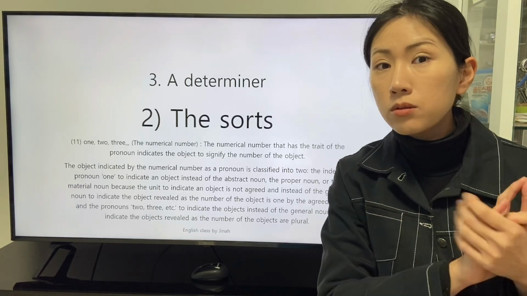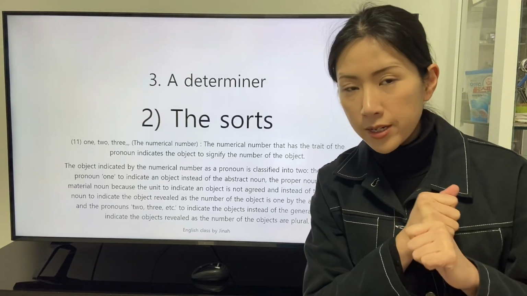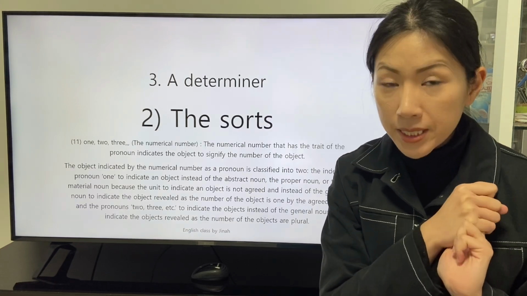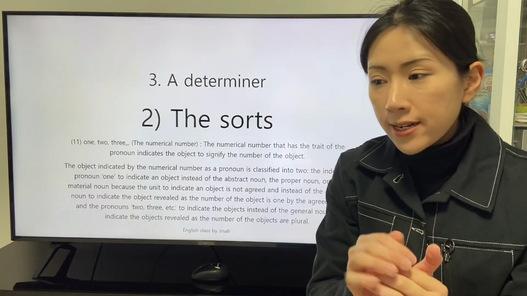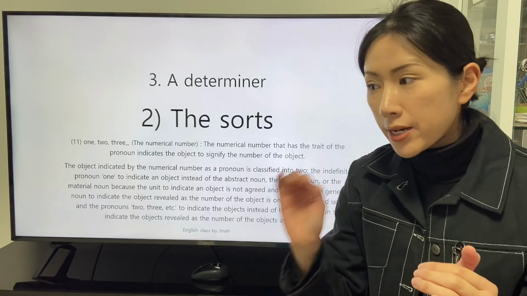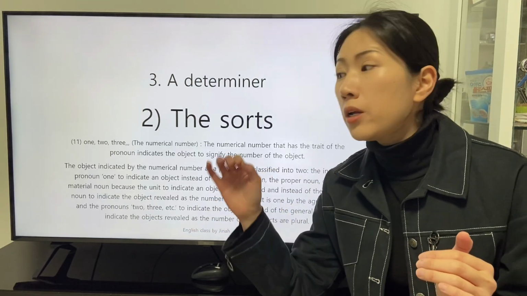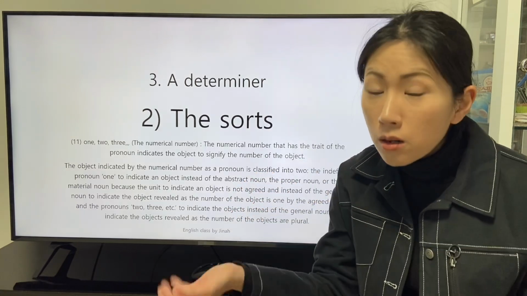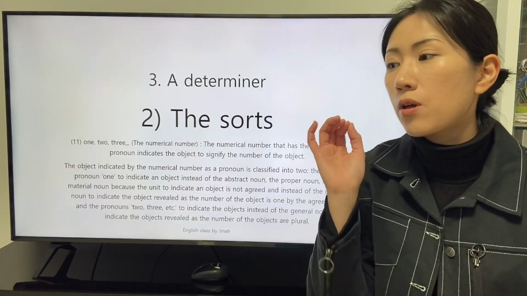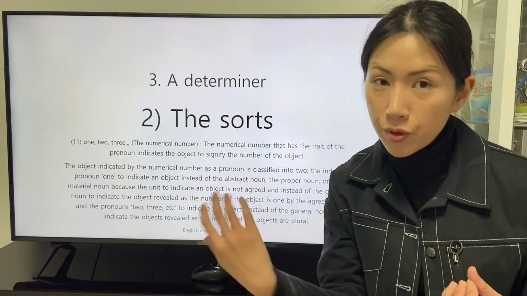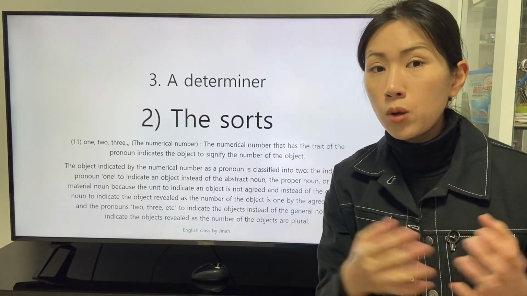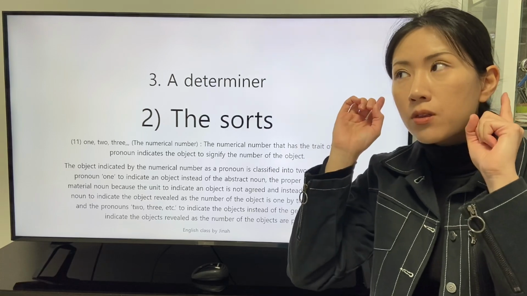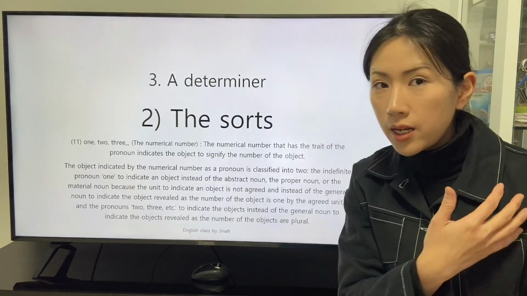Let's review an abstract noun, a proper noun, or a material noun. The object indicated by the abstract noun, the proper noun, or the material noun is uncountable because the unit of the object is not agreed. So, the people in the linguistic group think of the unit differently.